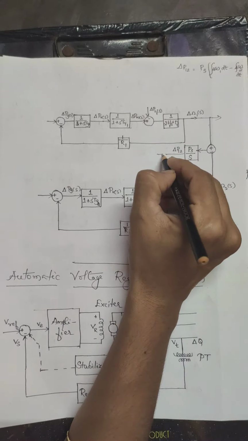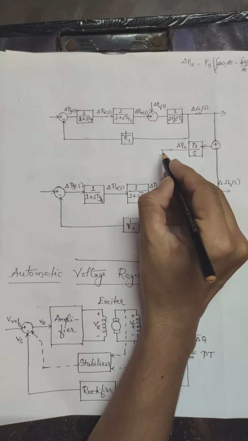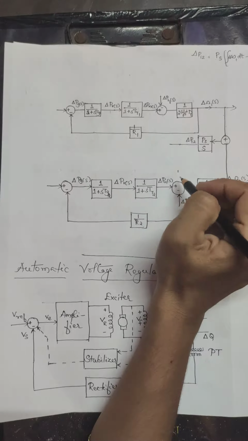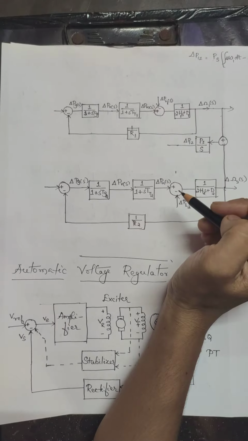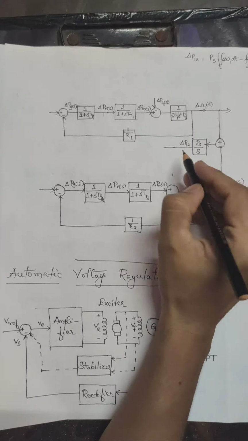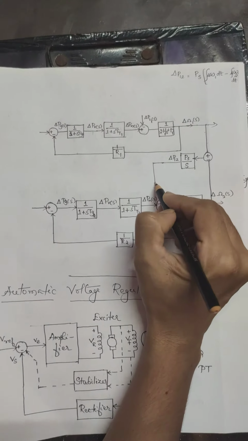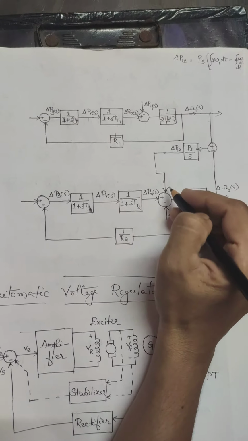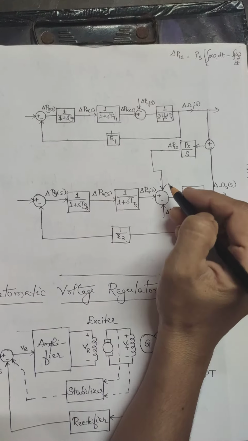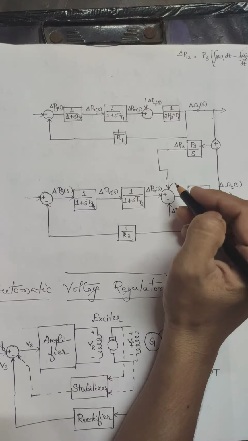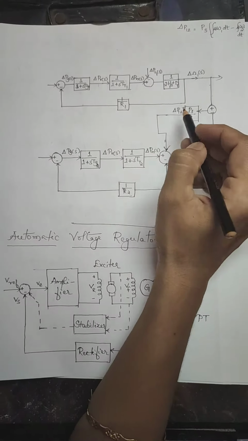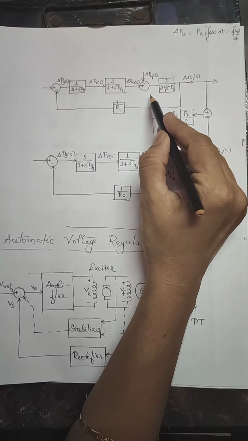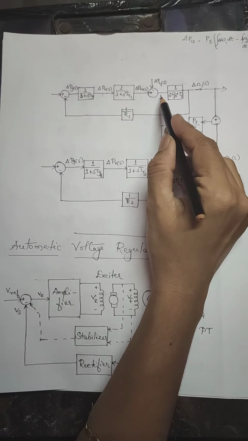So the tie line power is flowing from area 1 to area 2. So tie line power gets added up to area 2 and it has to be subtracted from area 1.